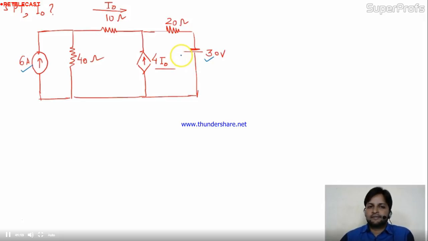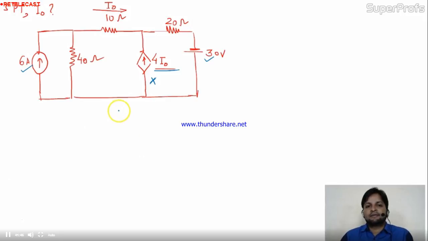Now friends, while applying SPT in this circuit, one by one we'll keep one source and we'll turn off the other source. What about the dependent source given here? We don't have to touch the dependent source in the circuit while solving any problem by any theorem.